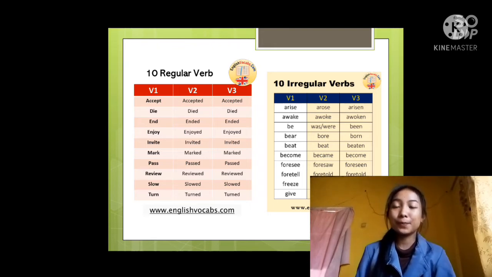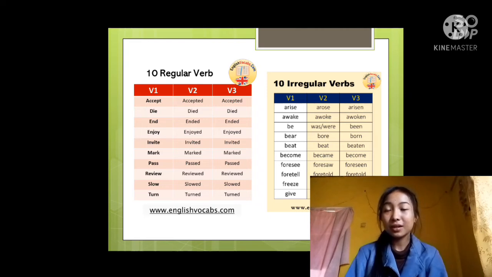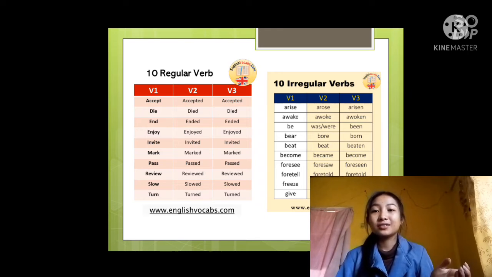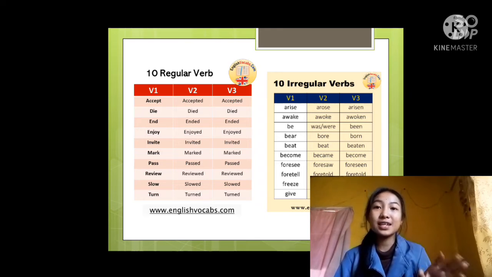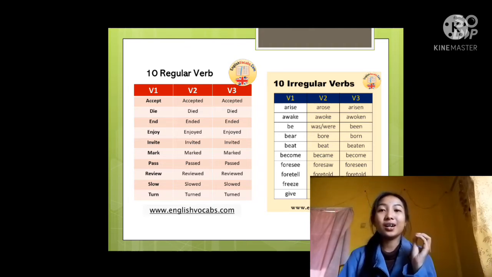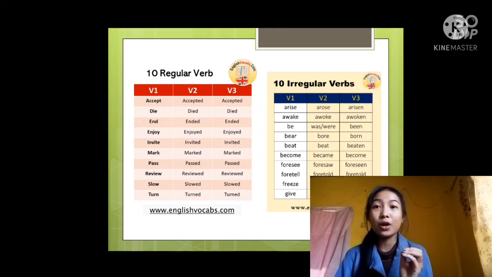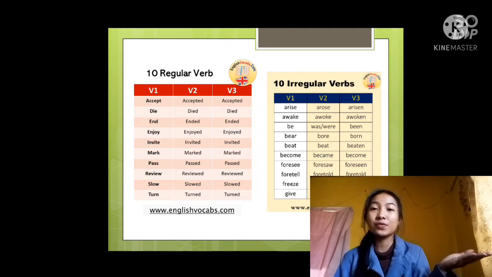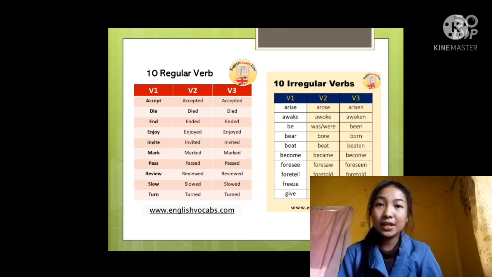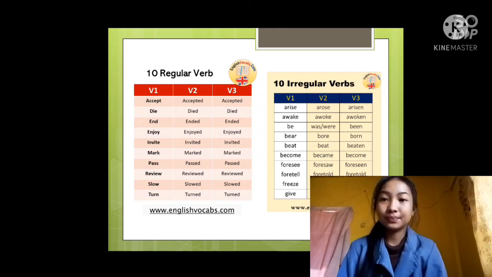In verb 2 and verb 3 we also just add ed at the end of the word, so it becomes enjoyed. But in irregular verbs we have arise. Arise in verb 2 is arose and verb 3 is arisen. So the word arise has its own form for verb 2 and verb 3. And also we have be, become, freeze, give, and so on.